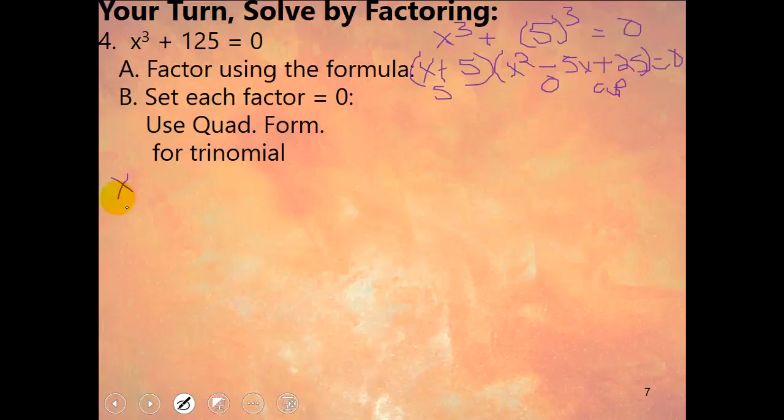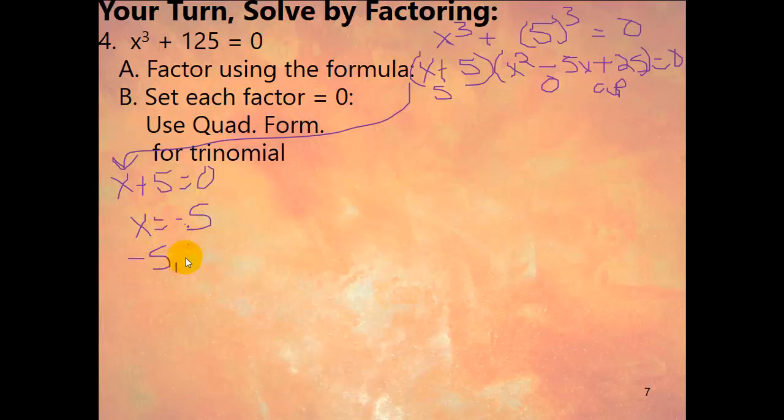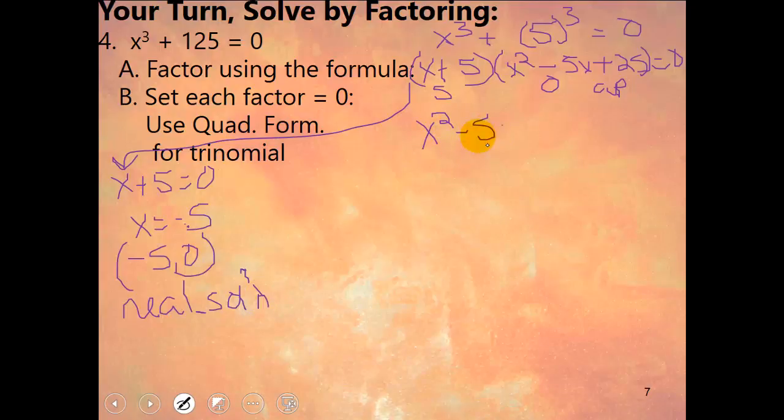So that means x plus 5 could equal 0. All I did was just move it down here. So x equals -5, and this is the point -5, 0. And this is your real solution. And then I'm going to use the quadratic formula for x squared minus 5x plus 25 equals 0.